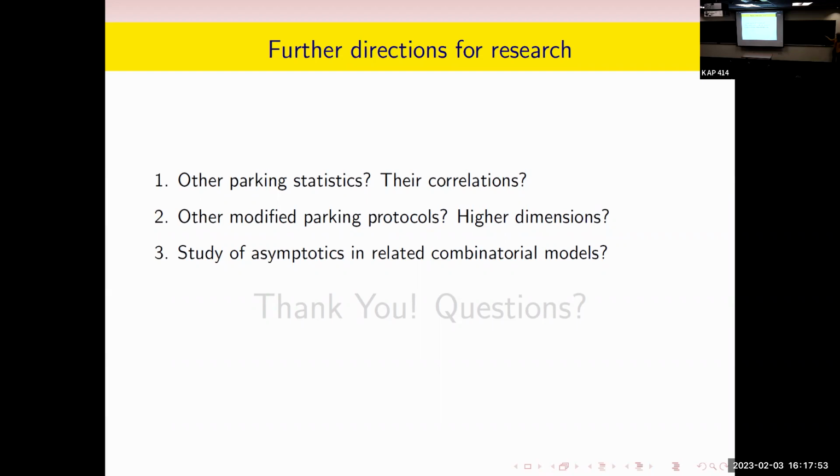P equals 0 and P equals 1 will give the same value. The symmetry should be clear from the construction, because whether it's a circle or one way, it's also the same. The symmetry is clear, but why does it look like this? This is true for any number of cars and any number of spots, and it's still an open question right now.